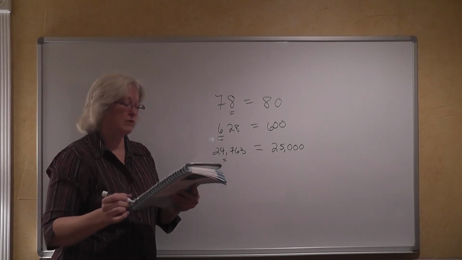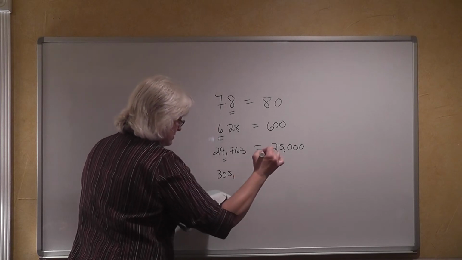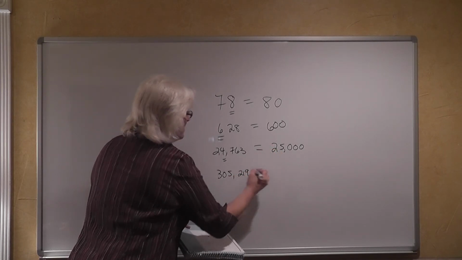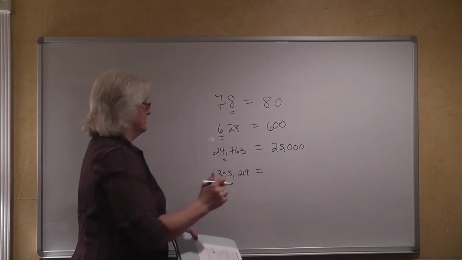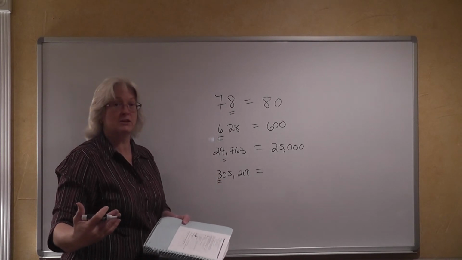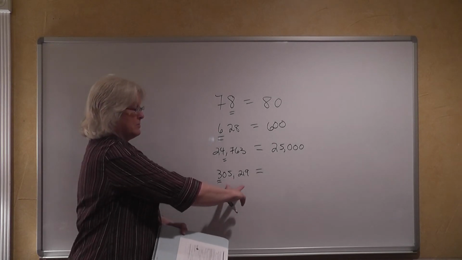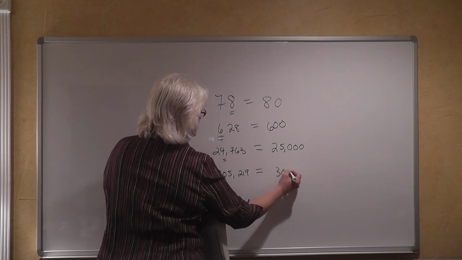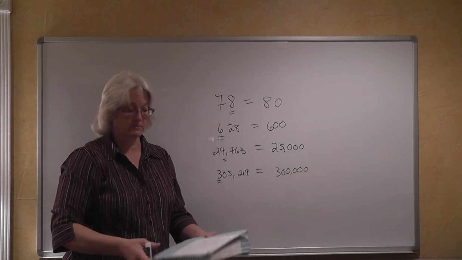Number 4, 305,219. And they want us to round this one to the nearest 100,000. The 3 is in the 100,000 place. The digit to its right is 0. This number is clearly much closer to 300,000 than it is to anything else.